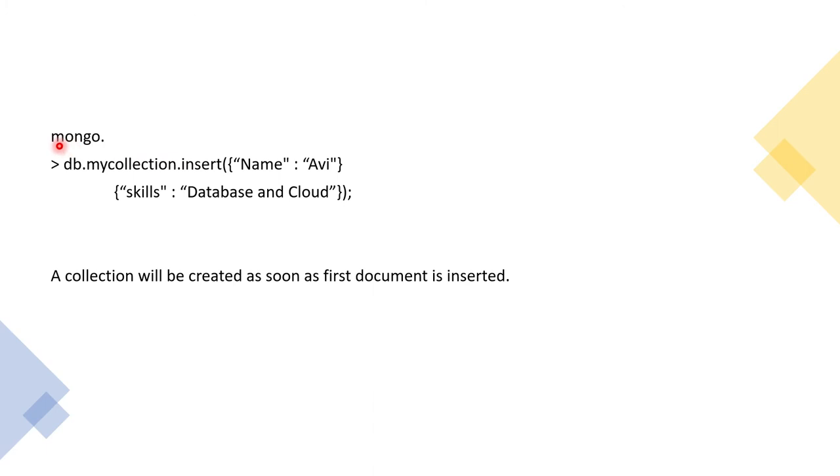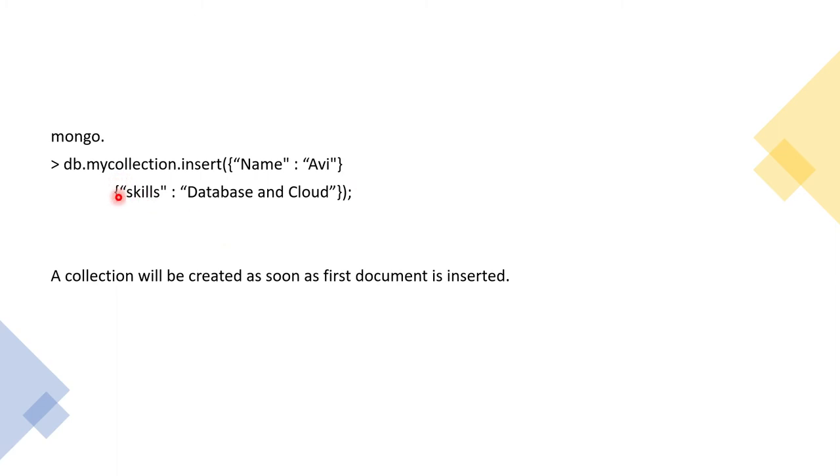So this is how we create a collection. You log into Mongo shell using Mongo, and then the prompt will appear. Then you write db dot, then the name of the collection dot insert, and then you have the round bracket, then curly bracket. The first thing is the field, and another one is the value, and then the curly brackets are closed.